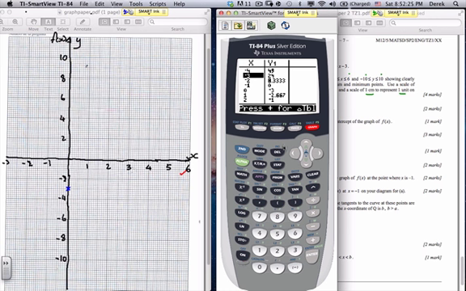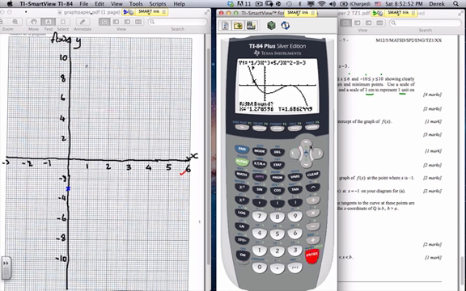Now for your x-intercept, going to our graph, we want to find this point over here. So you go second function calc, and we want to find a zero point. That's when it's equal to 0. We say enter, and we go to the left of that.